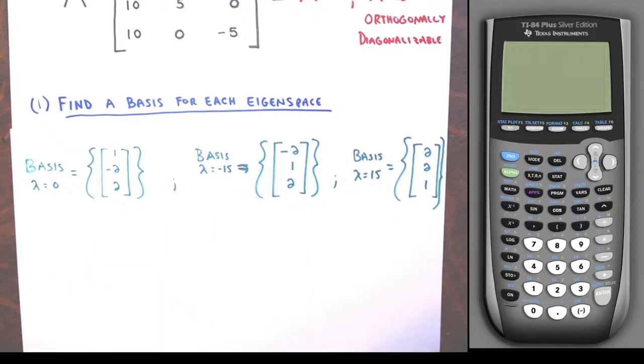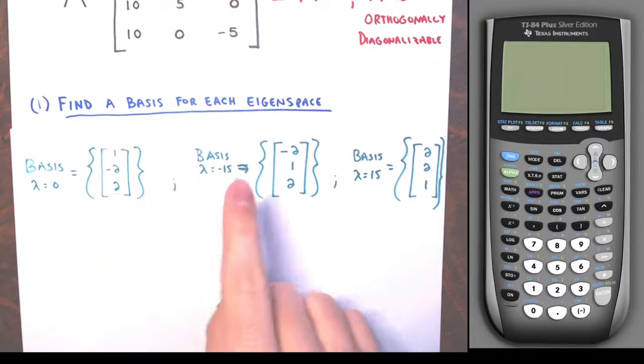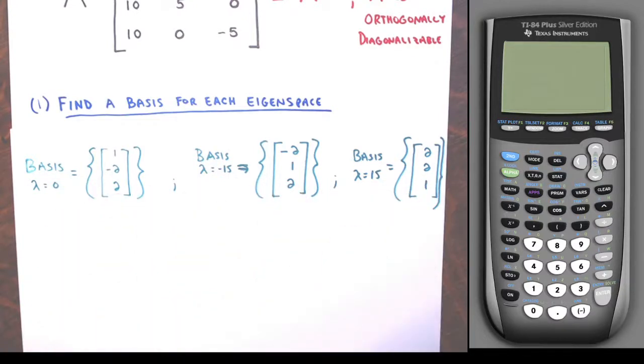But they don't form an orthonormal set. All three of these together do form an orthogonal set, but not an orthonormal set. And we're trying to make an orthogonal matrix, and we need the columns to be an orthonormal set. So again, no need for Gram-Schmidt. I have one more example after this where I will use Gram-Schmidt, but there's only a single vector in each basis again.